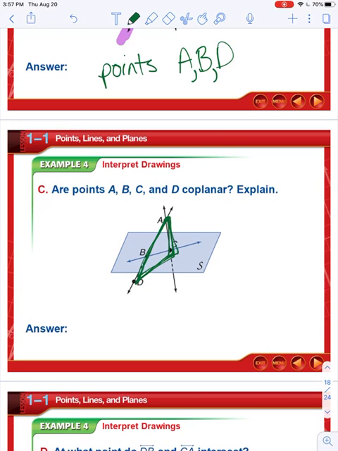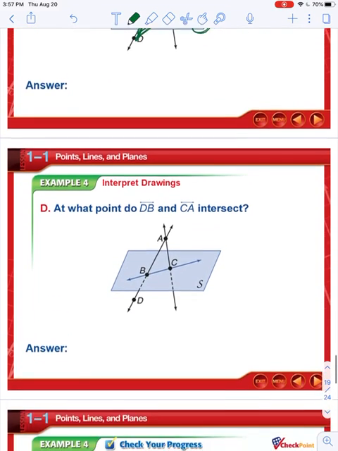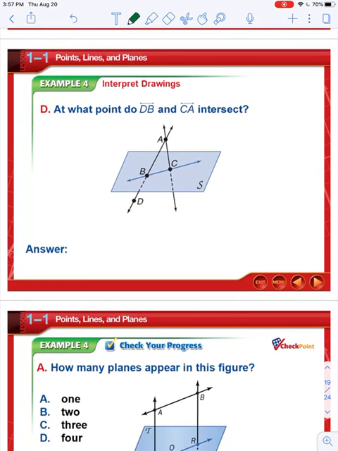But they are not coplanar on plane S. A is above the plane and D is below it. These guys, DB, because lines extend forever, and CA, they intersect at point A.